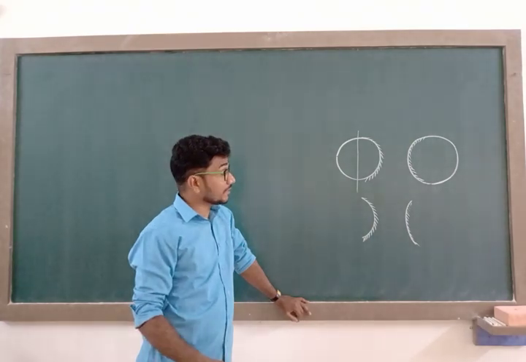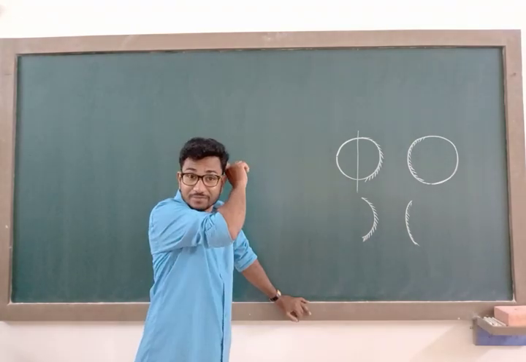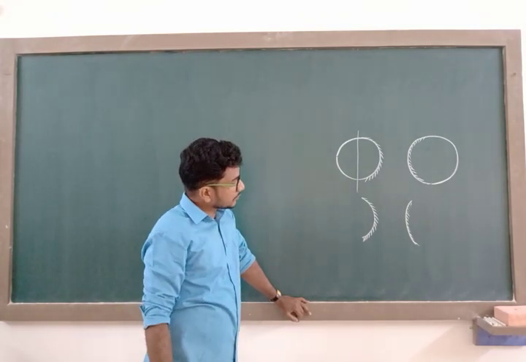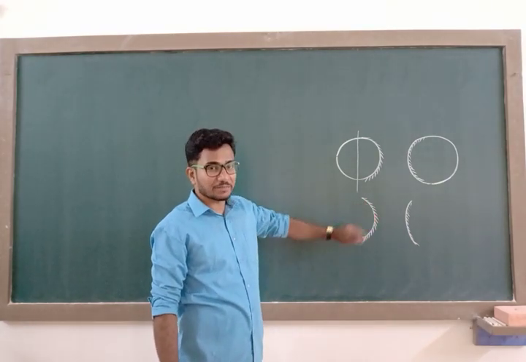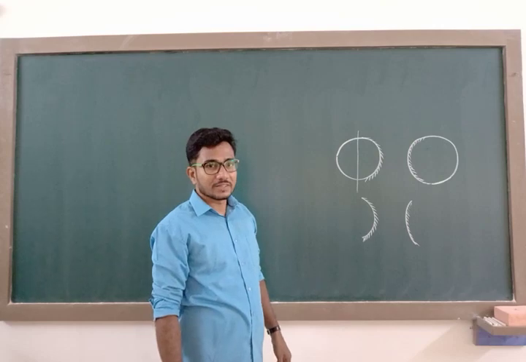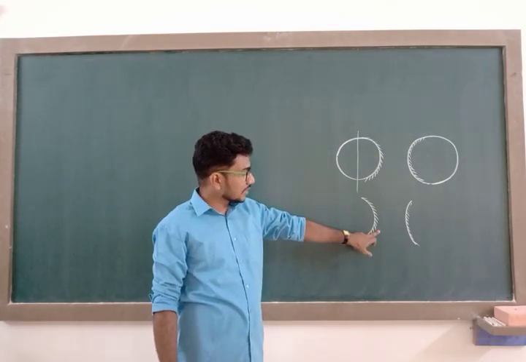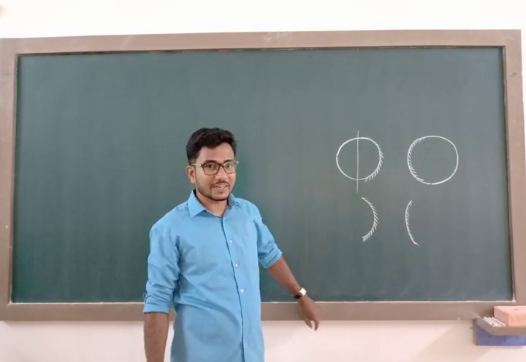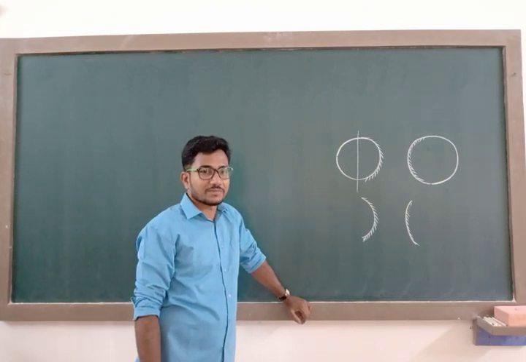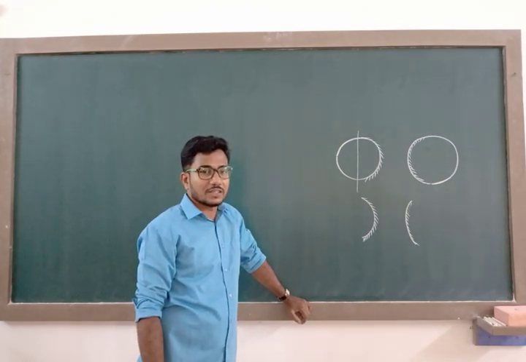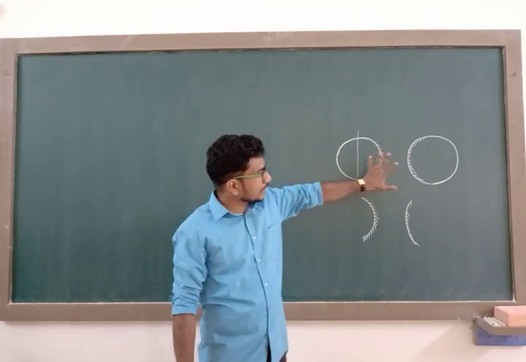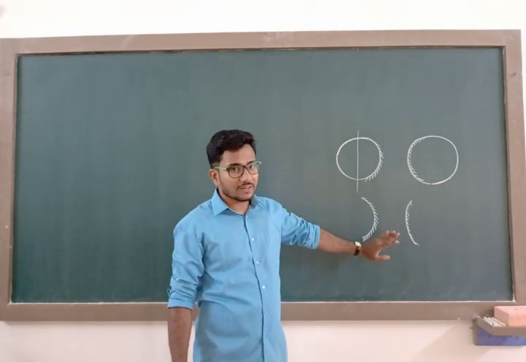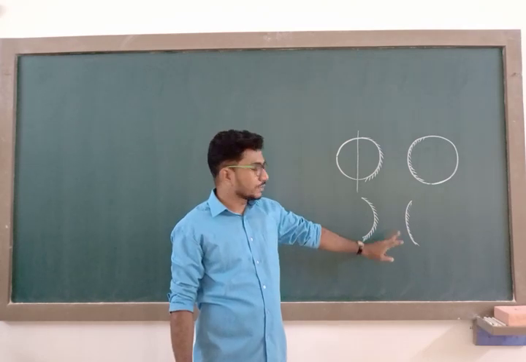Then what is the meaning of a spherical mirror? These two mirrors are spherical in shape. Mirror means here it has one opaque surface and one reflecting surface. So depending upon these two spheres, we will get two types of spherical mirrors.